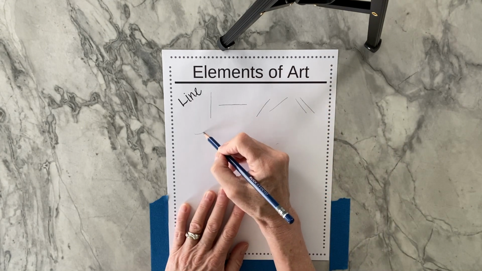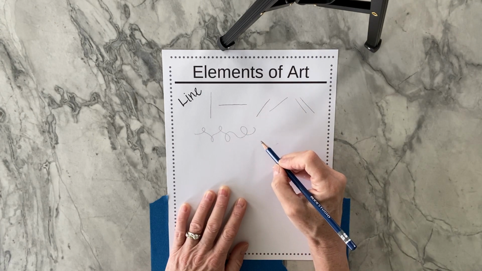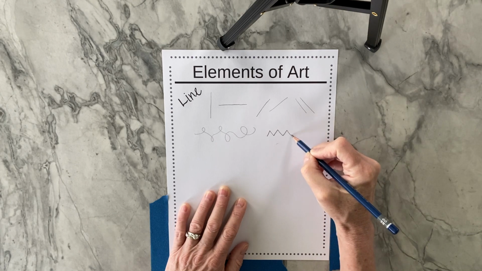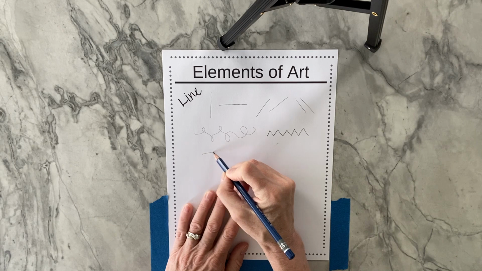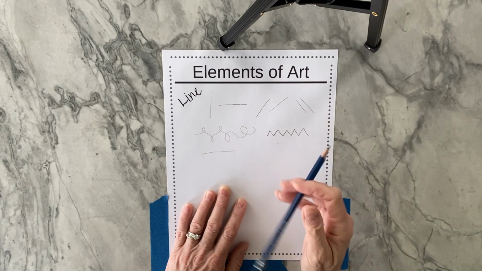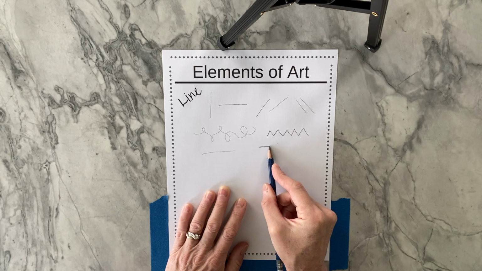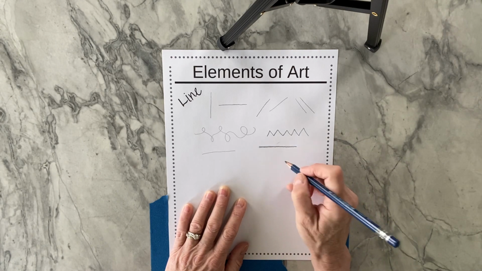We can do swirly lines, and we can do zigzag lines. We can do a straight line. We can do a thick line. See how I'm using the side of my pencil. Or we can do a thin line.